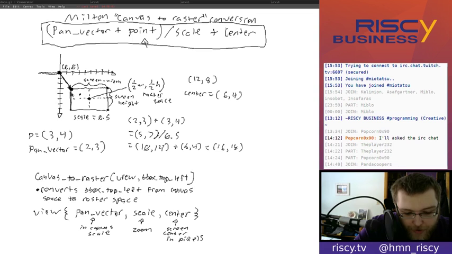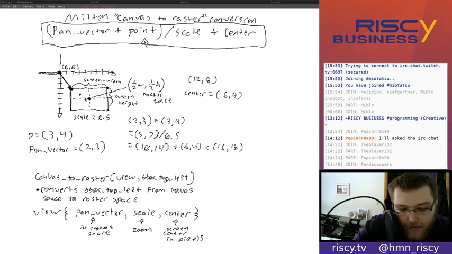So we know that the y-axis value in canvas space is 1, 2, 3, 4, right? So p equals 3, 4. So its value is 4. And it is halfway between the origin and the center of the screen. The screen is 12 by 8 in our little contrived example here.